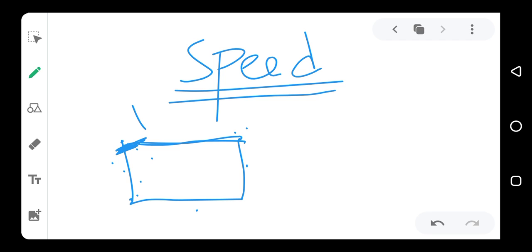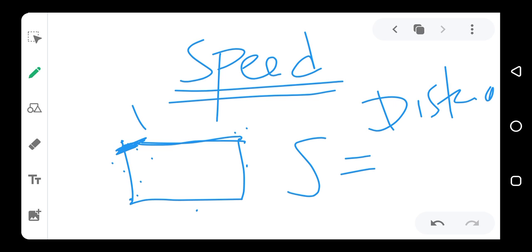So speed, we represent speed in physics with s. So speed s is equal to distance over time.